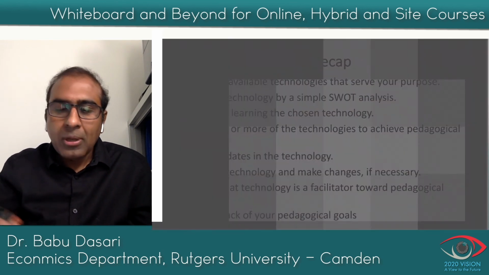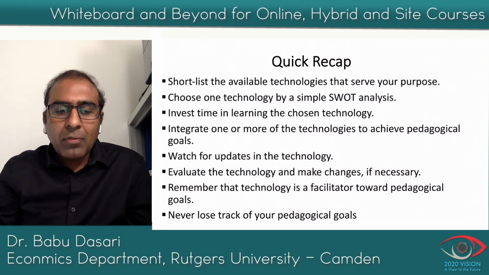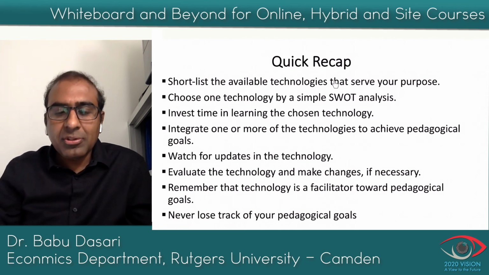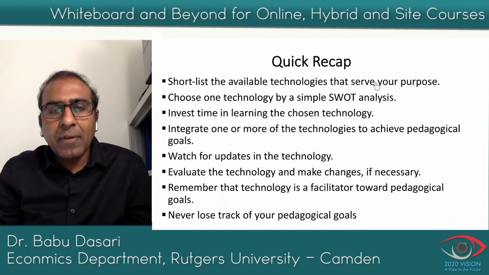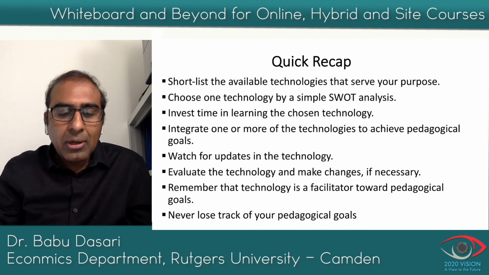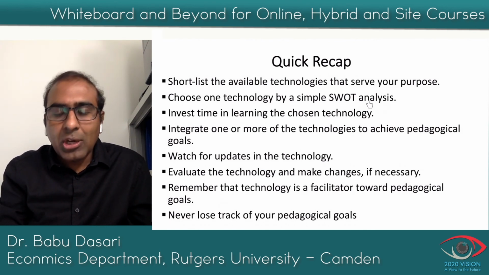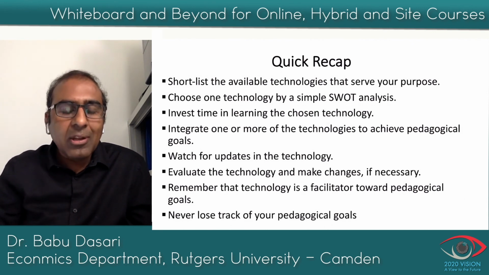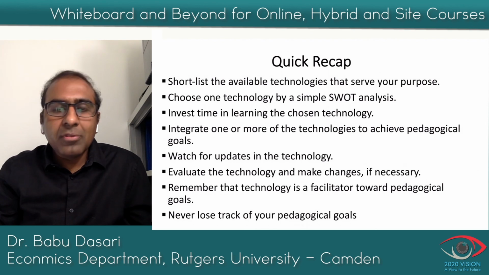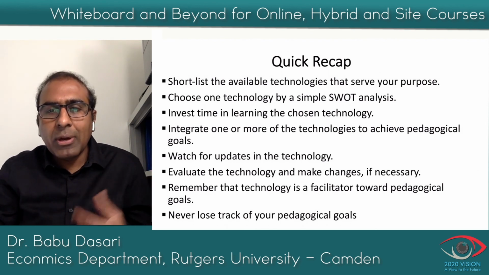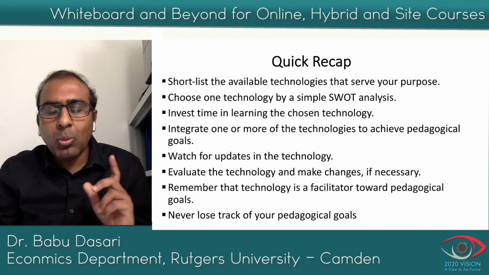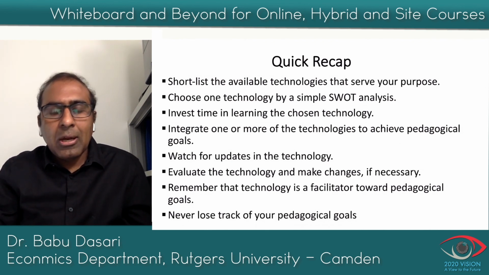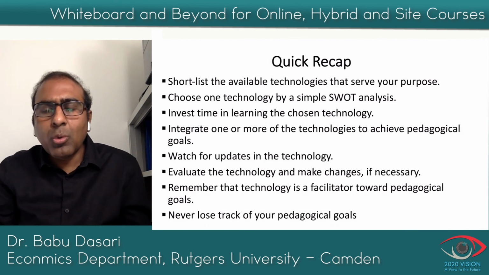Okay. Then a quick recap of what we have done: we have shortlisted the technologies, and we have identified a technology that serves better for you. And while shortlisting, we use a SWOT analysis and invest some time in learning. And we know what we want to get, what should be the output. Sometimes one particular technology or one app doesn't show the path towards what we want.